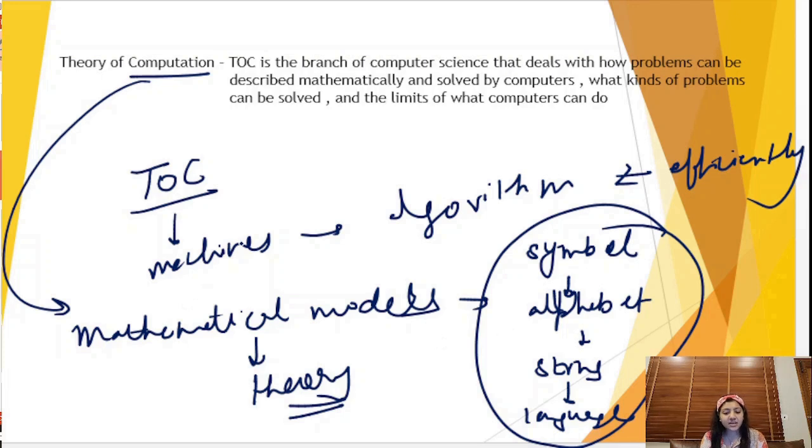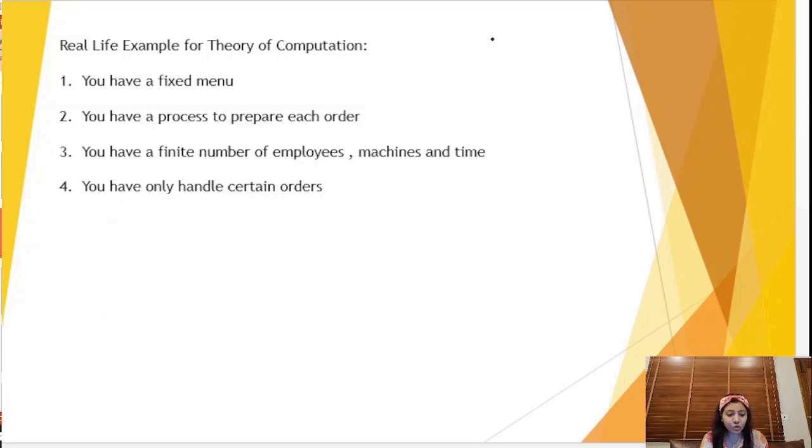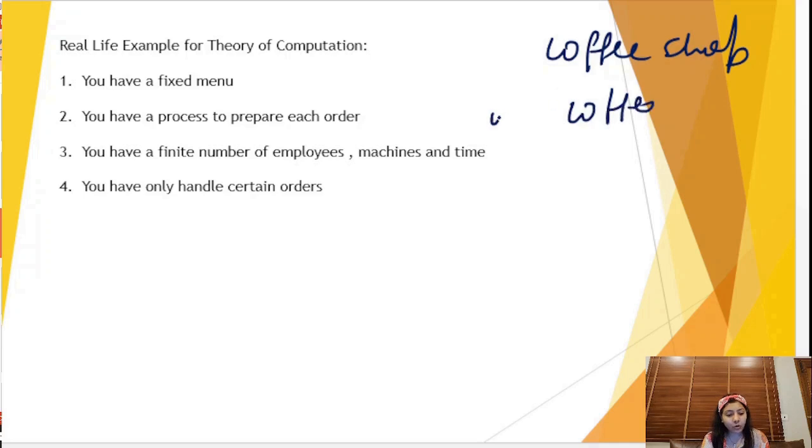Now let's understand this theory of computation with the help of a real life example, right? Imagine you own a coffee shop and customers come and place different types of orders, like a cold coffee, or an espresso, or a cappuccino, and so on.